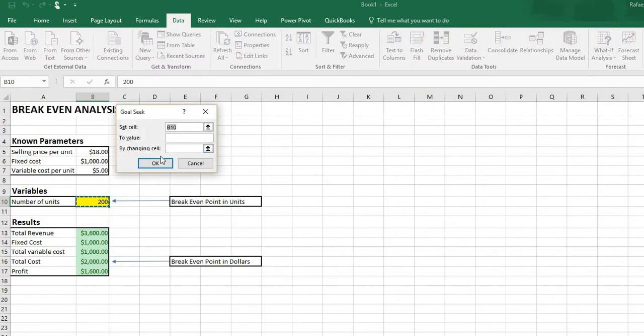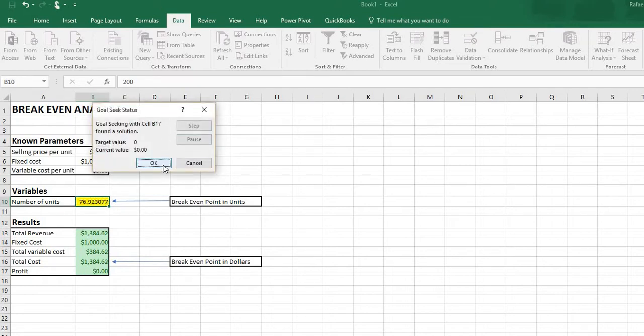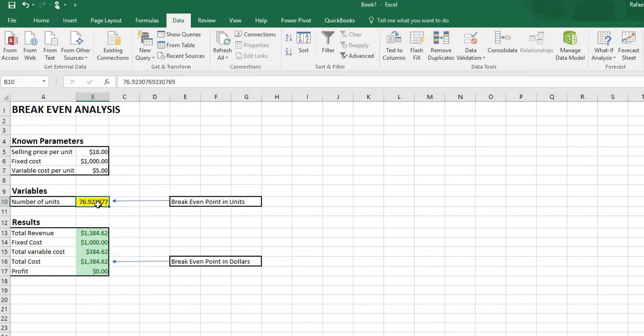Goal Seek, set cell B17 to 0 by changing cell B10, and let's see how many units we have to sell this time. You have to sell 76 units, so if you round that off, that would be 77 units in order to break even.